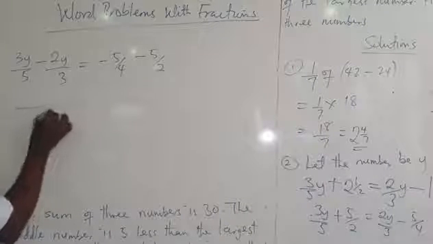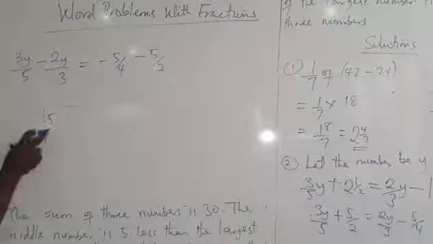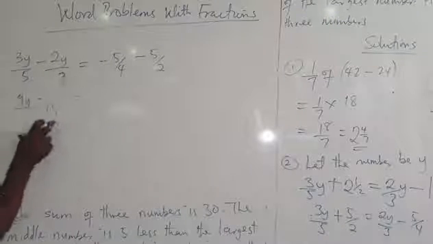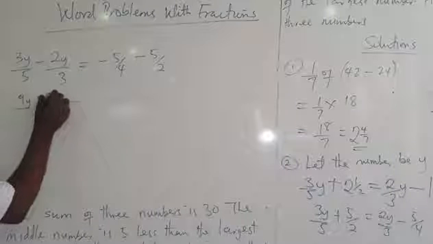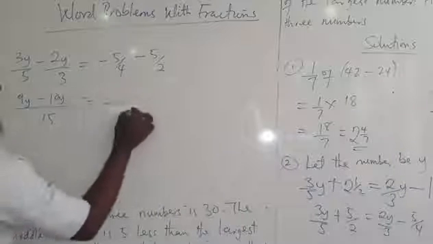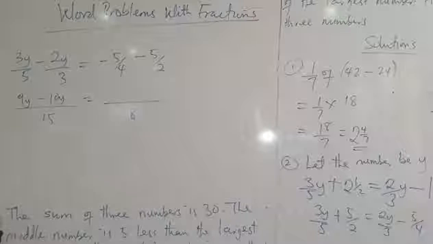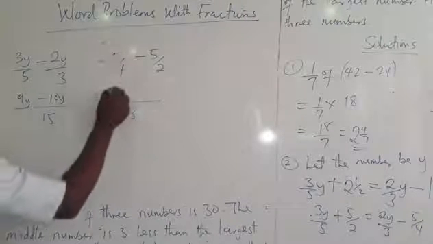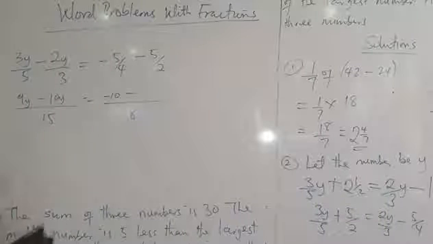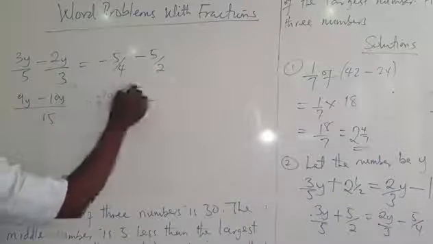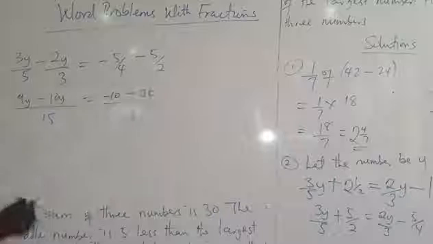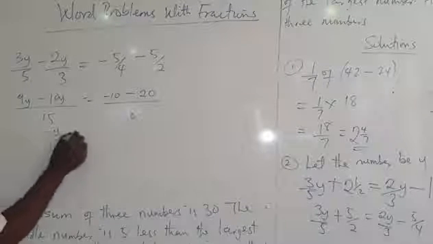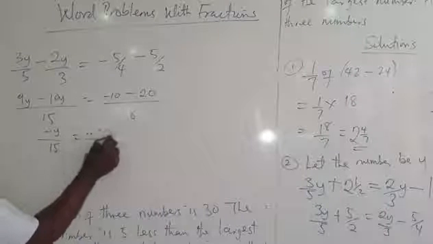This is 15, and 5 in 15 is 3, 3 times 3y is 9y, minus 3 in 15 is 5, 5 times 2y is 10y, equals the LCM of this one, which is 8. Am I with you? So 4 in 8 is 2, 2 times minus 5 is minus 10, minus 2 in 8 is 4, 4 times 5 is minus 20. So subtracting, that gives us minus y divided by 15 equals minus 30 divided by 8.